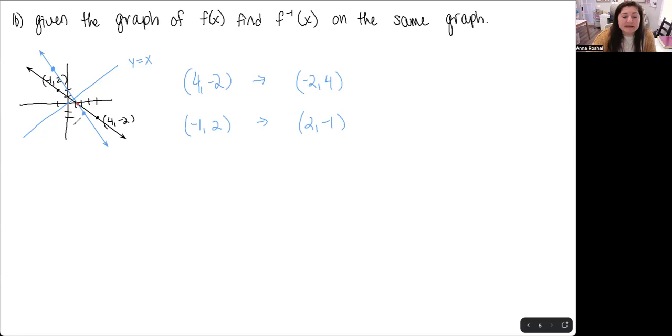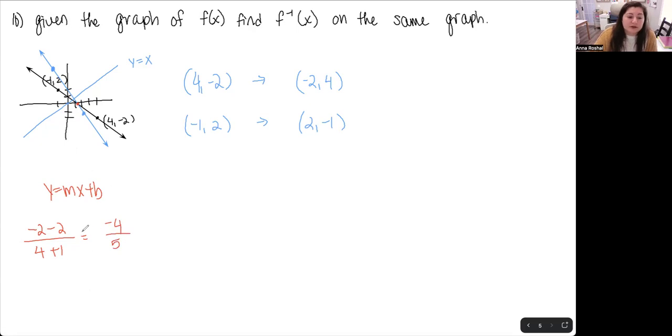The other method that you can use to solve this kind of problem is you can say, hey, I'm going to find y equals mx plus b for my blue line, or sorry, for my black line. So I'm going to find the slope, and we're going to see that the slope is -2 minus 2 over 4 plus 1, so -4 over 5.